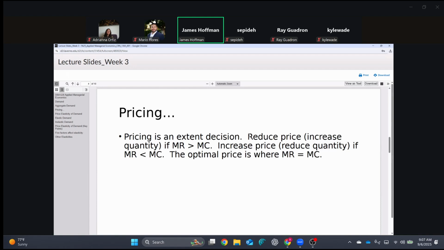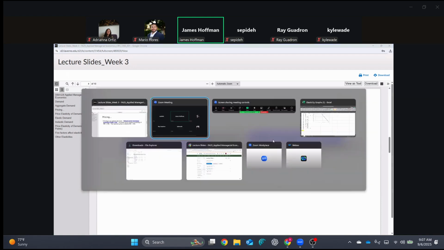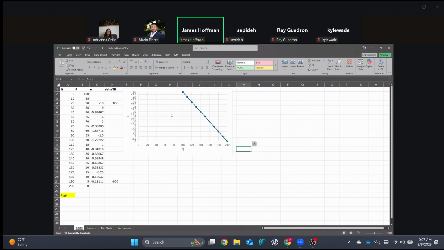Then what you're gonna want to do is reduce the price, because you're essentially going down the demand curve. So what this comment means is, let's say you're here at a price of $5. If you determine that going to $4 gives you more revenue than the cost of producing, then you want to do that, right?